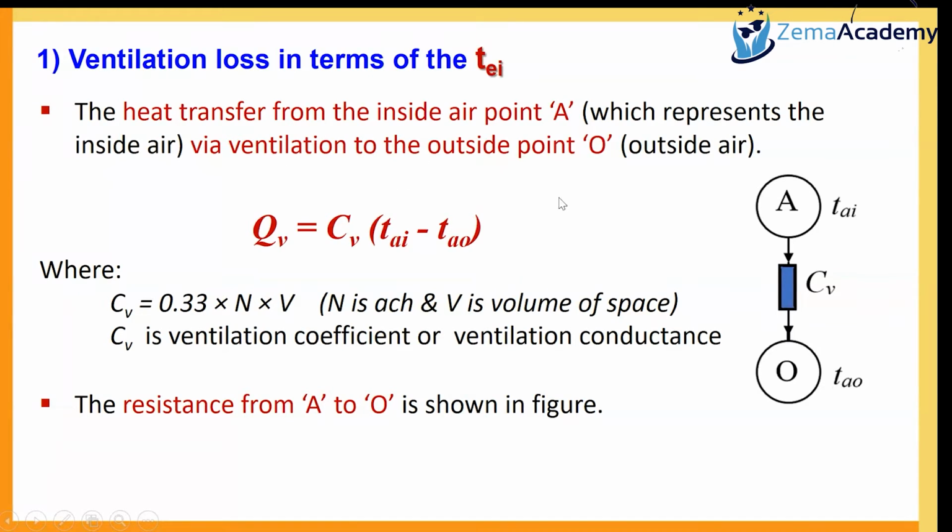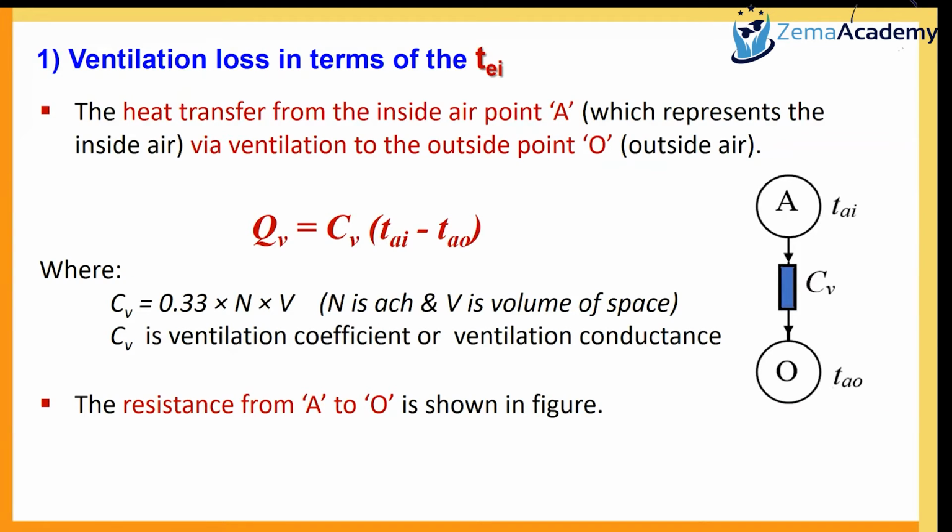So you have a ventilation process of heat transfer, or heat loss, to the outside point, so that you have some heat losses through the air from inside air to outside air because of this ventilation heat loss. The resistance that comes across between the heat transfer from point A to point O can be designated with this CV, which is the ventilation conductance, by the way. But if you invert this ventilation conductance, it becomes resistance.